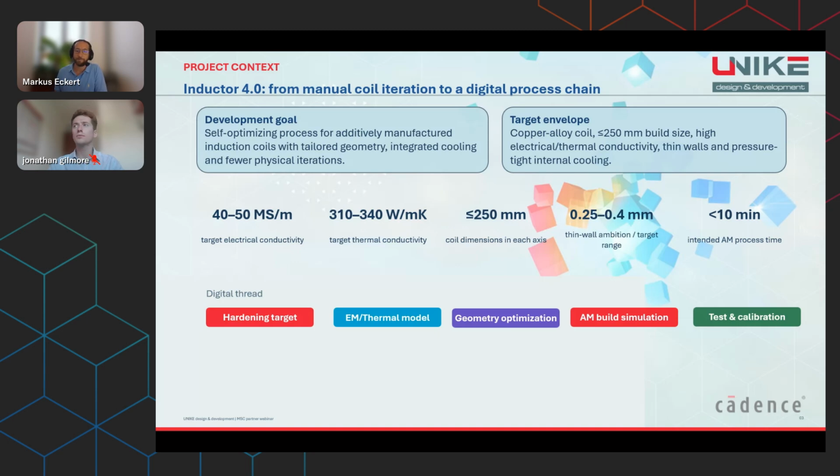At the same time, the boundary conditions of the tool must be respected. We are dealing with a copper alloy with high electrical and thermal conductivity, thin walls, internal cooling, leak tightness under pressure, and a part size that remains manageable for the additive process. These values should be understood as a target envelope for this development approach, not as a universal data sheet promise. The red thread is the digital chain from hardening target to thermal model to geometry optimization to additive manufacturing, build simulation, and test.